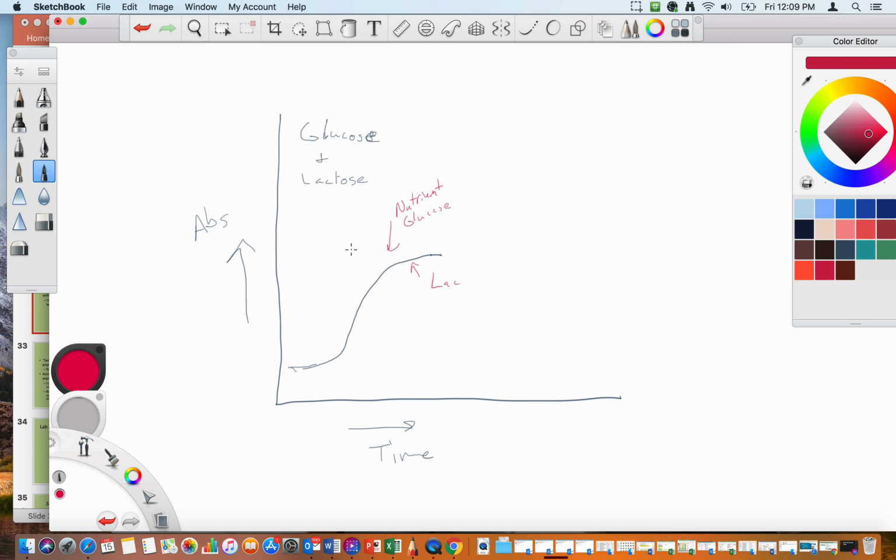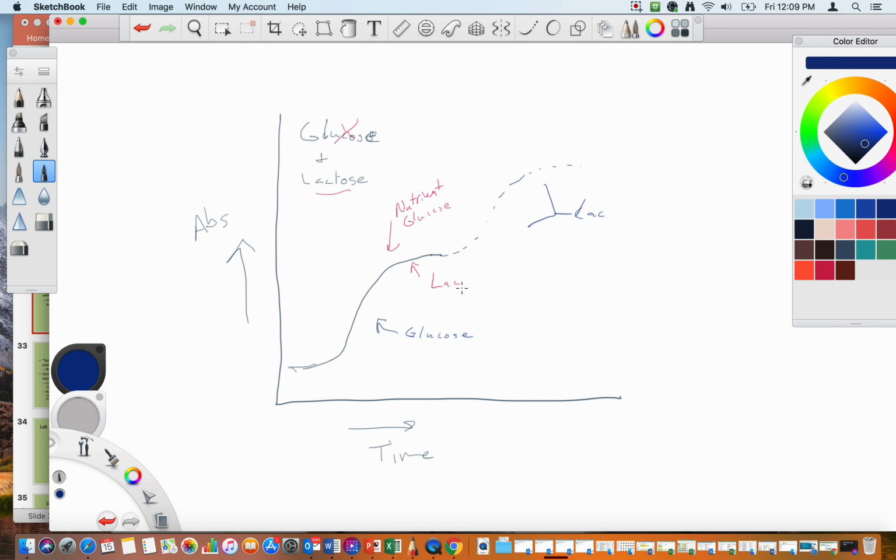Remember, the Lac Operon genes are only activated when glucose is absent. So glucose has to be gone, but lactose has to be present. So what would happen then is we would get a secondary growth curve where lactose is used. Here, glucose is going to be used.